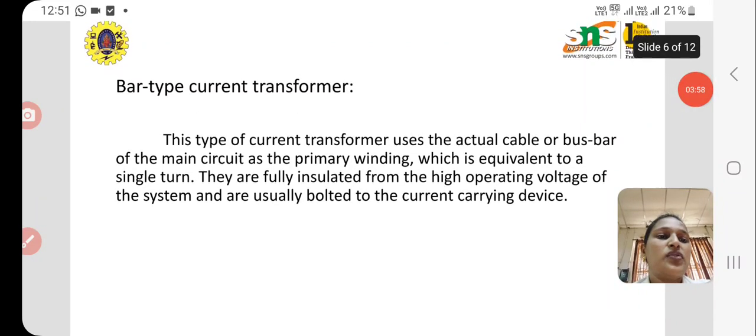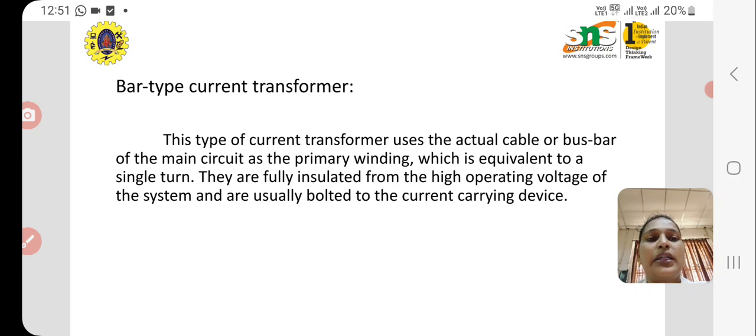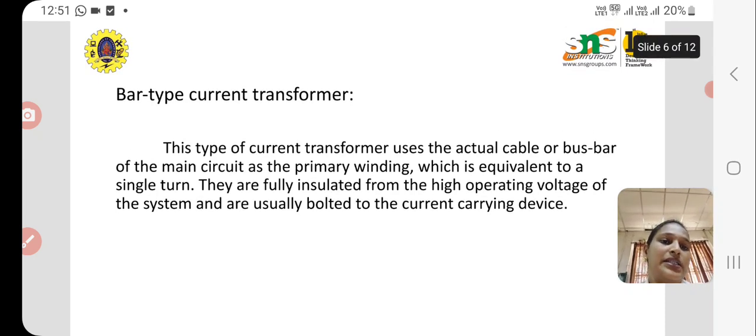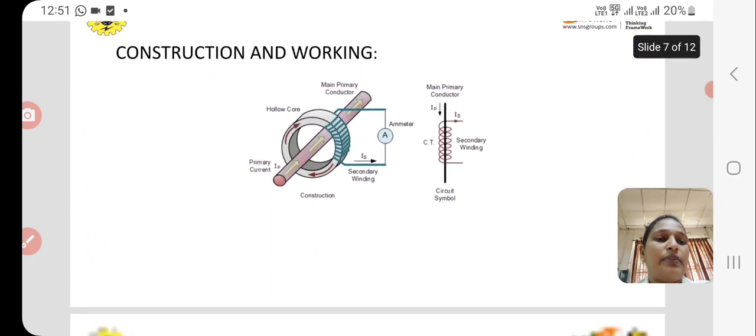Bar type transformers use the actual cable or bus bars of the main circuit as the primary winding, which is equivalent to a single turn. The primary winding is the same conductor from which we are measuring the current. They are fully insulated from the high operating voltage of the system and are usually bolted to the current carrying bar.